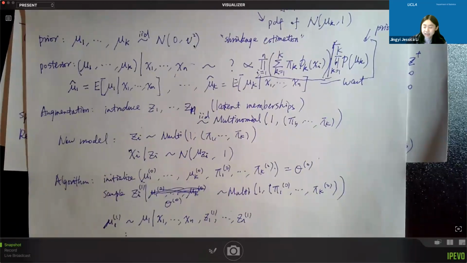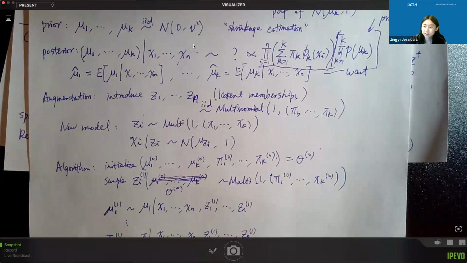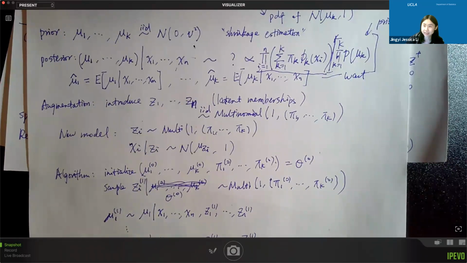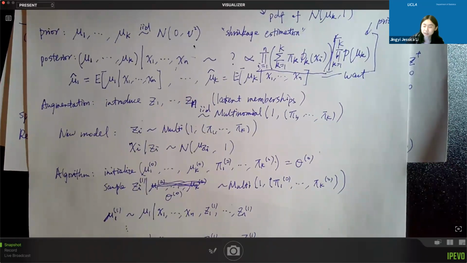That's very important, and super nice. The take-home message is that in Bayesian statistics, people often use data augmentation to introduce latent variables that you don't observe, but that can make the model easier to write down and the posterior easier to derive.